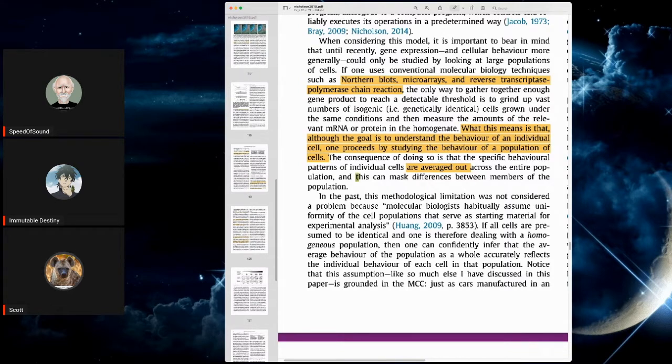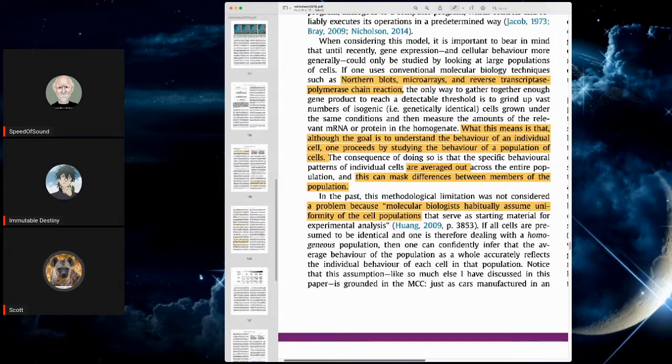In the past, this methodological limitation was not considered a problem because molecular biologists habitually assume uniformity of the cell populations that serve as starting material for experimental analysis. If all cells are presumed to be identical, and one is therefore dealing with a homogeneous population, then one can confidently infer that the average behavior of the population as a whole accurately reflects the individual behavior of each cell in that population.